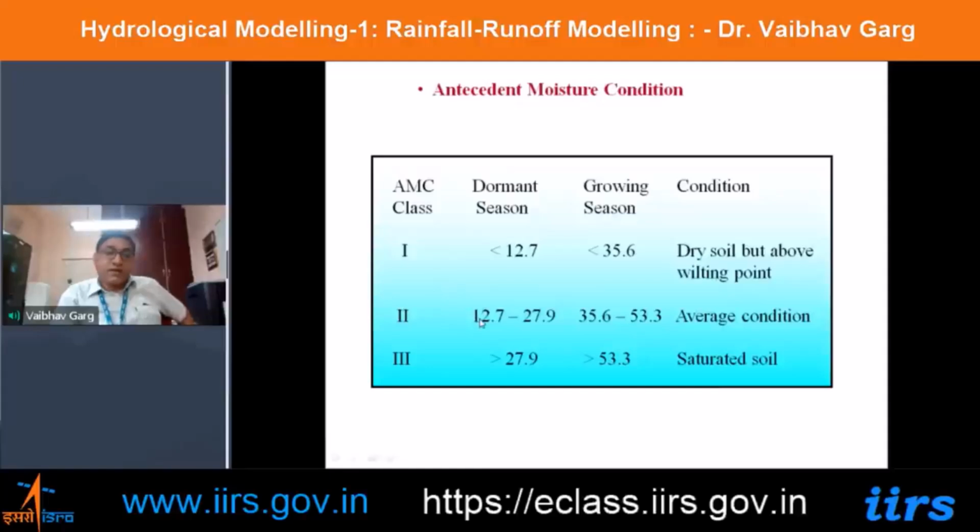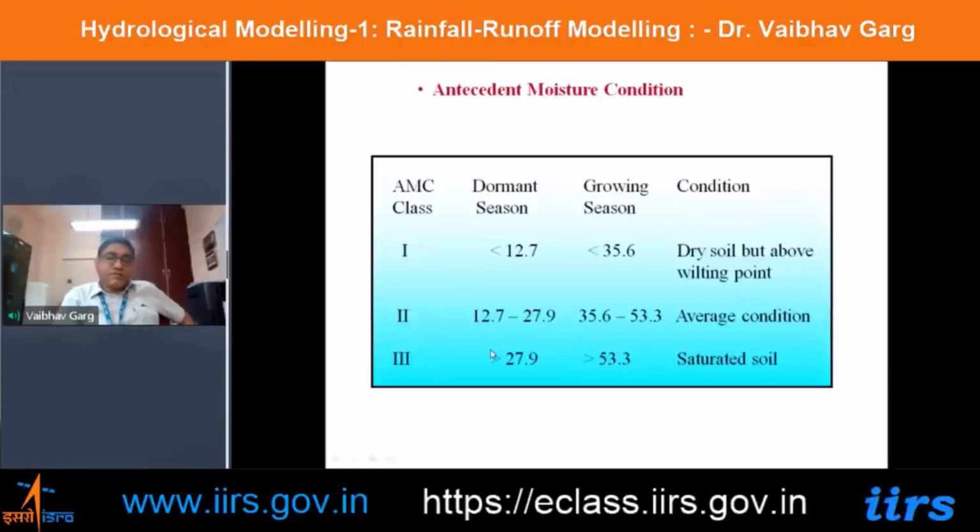Whereas if the cumulative previous 5-day rainfall is 12.7 to 27.9 mm in dormant, or 35.6 to 53.3 in growing season, then it is AMC condition 2, and if it is more than 27.9 or 53.3, then it is AMC condition 3.